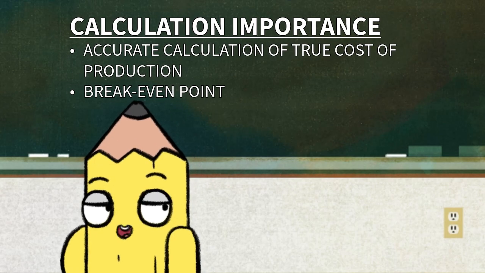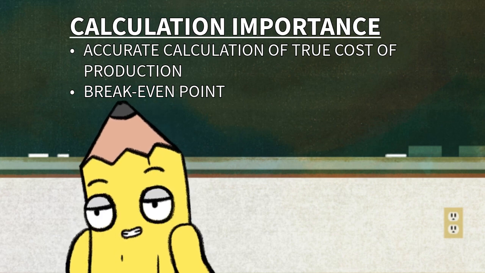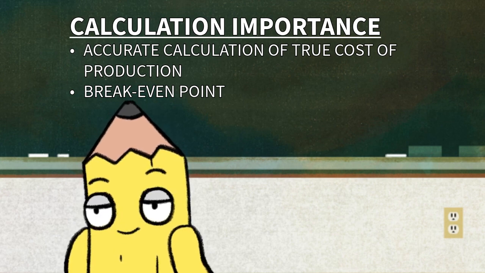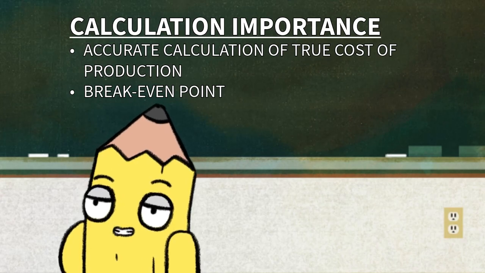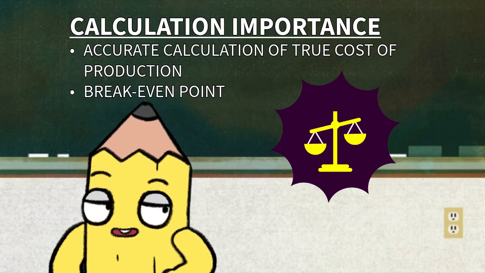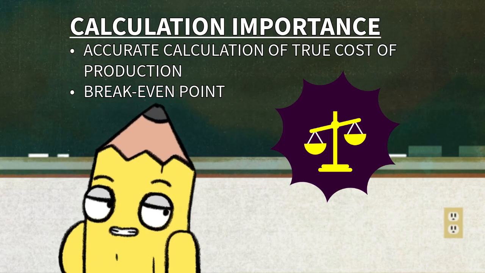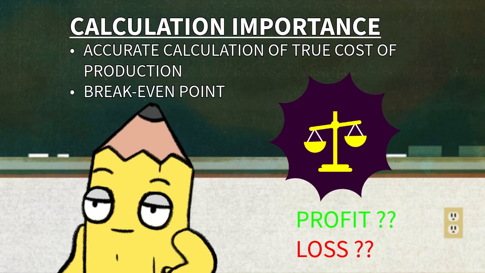All of these costs are extremely crucial as they are used to accurately calculate the true cost of production for a business. This is very important because you will later on use this to also calculate the break-even point of an entity. That is where you work out the amount of units they need to produce and sell, to make a profit, a loss, or just to break even.